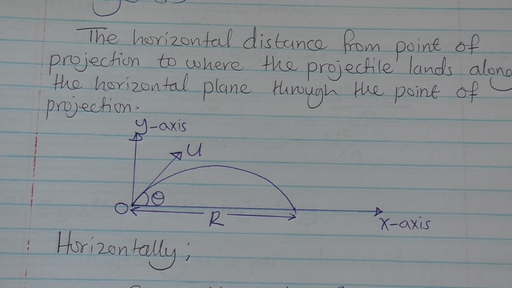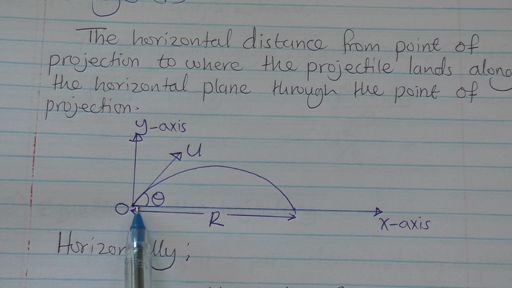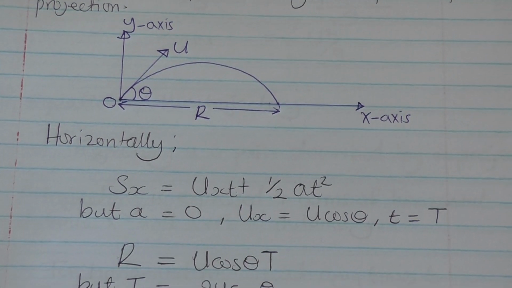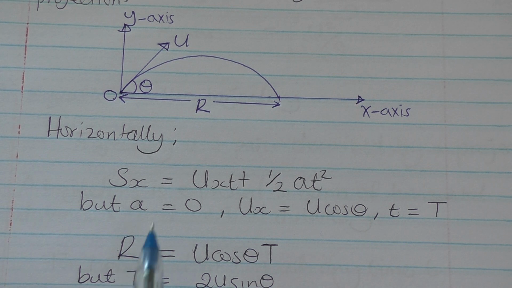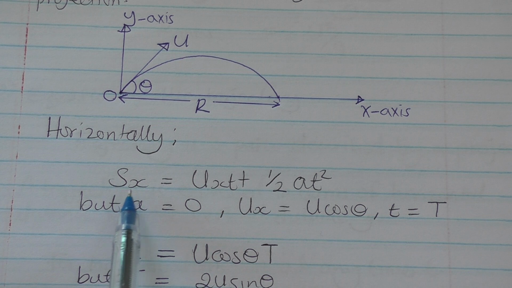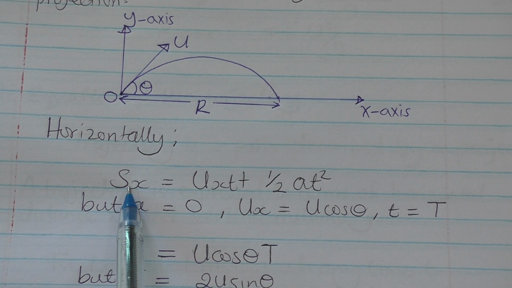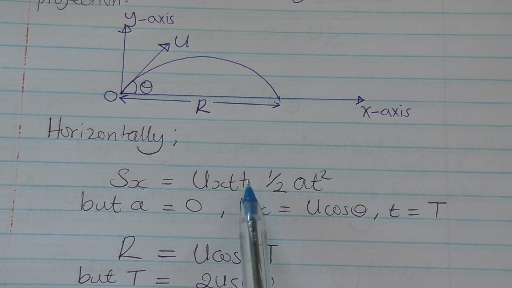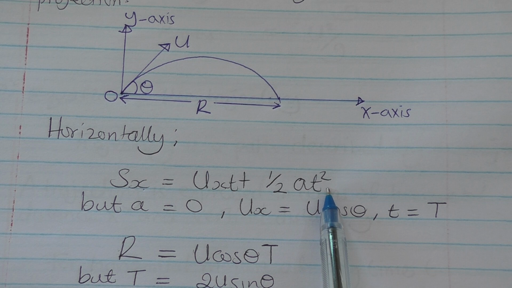So that means that when finding range, we are considering the horizontal distance, and therefore from the second equation of motion, which is s equals ut plus a half at squared, we are interested in horizontal distance, that is sx equals ux t plus a half a t squared.